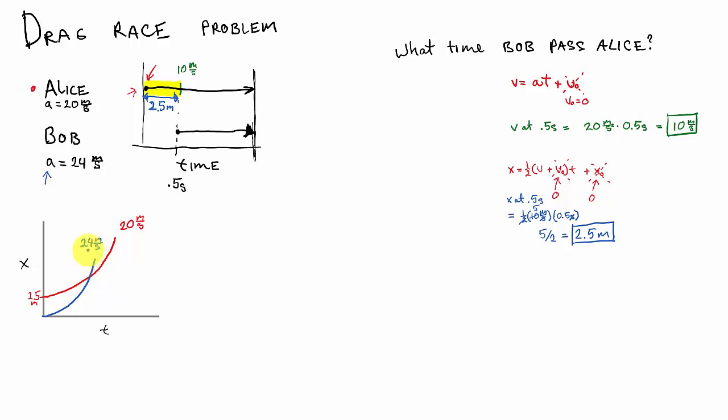So at what time do they meet, or at what time does Bob pass Alice? This is the representation of such graphs.